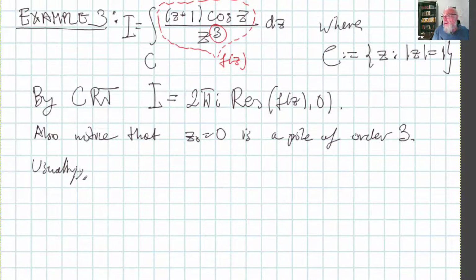In such a case, usually, and this is a moment I can simply remind you of this formula, we would apply it.